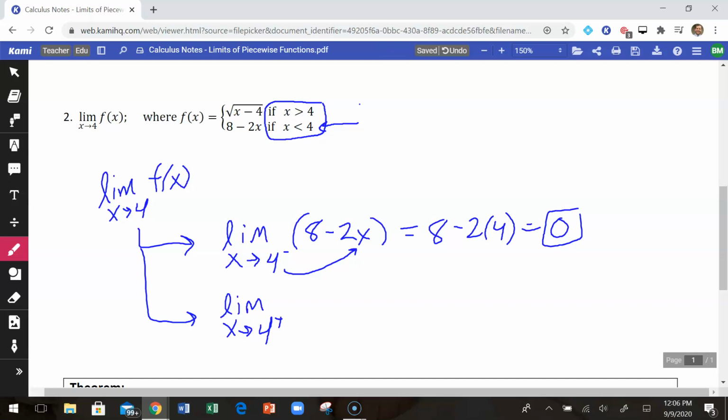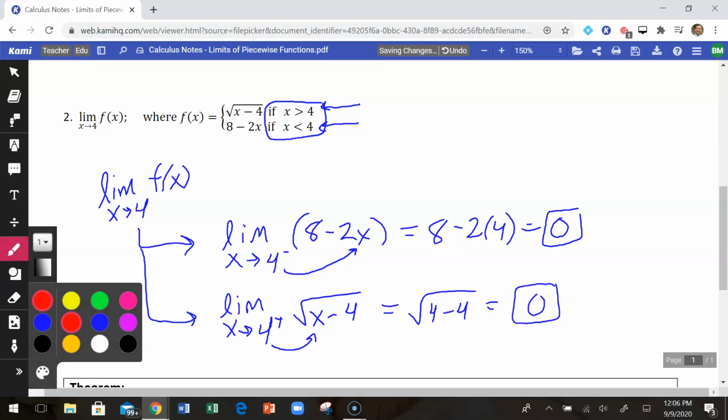From the right of 4, that would be the top one, right? So if I'm approaching 4 from the right, I'm approaching 4 from a side of where x is greater than 4. And this would be where I would use the square root of x minus 4. I can do direct substitution. I get the square root of 4 minus 4, which would be 0.